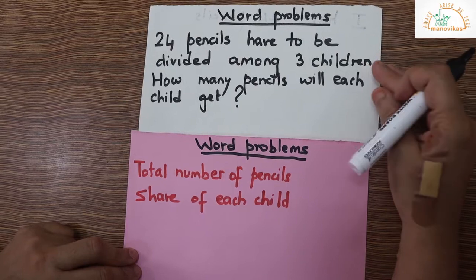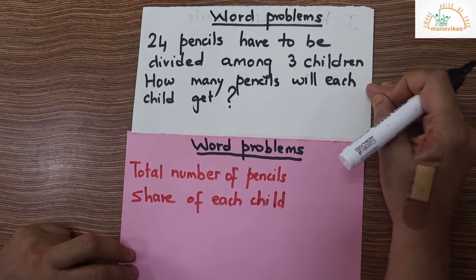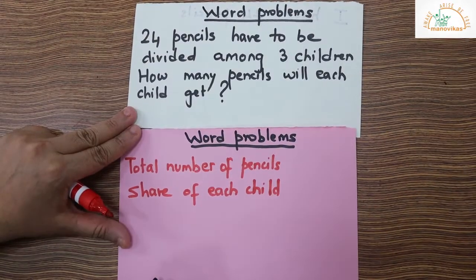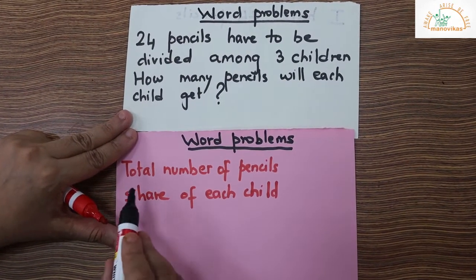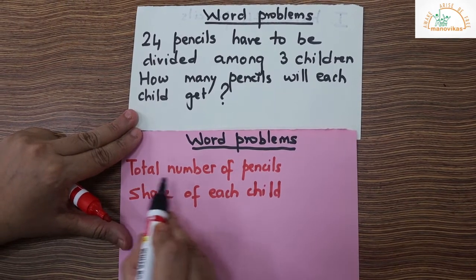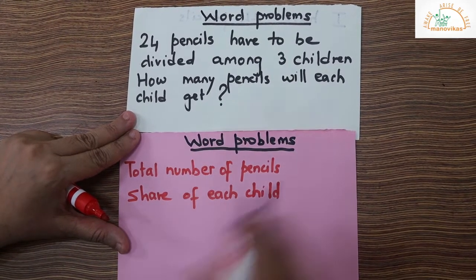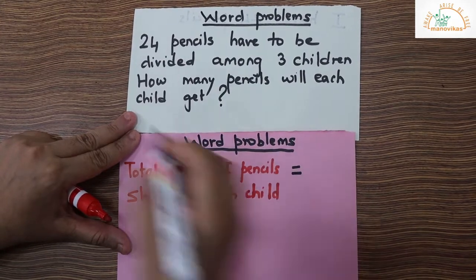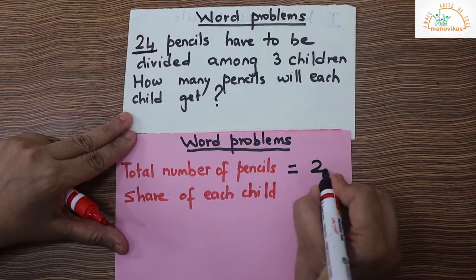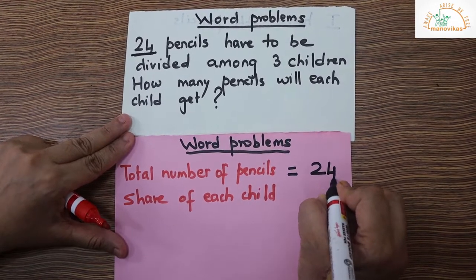Now we will apply the concept of division to solve some word problems. So now let us write the first word statement. First, I will write the total number of pencils. How many pencils do I have? I have 24 pencils. So I will write here 24.